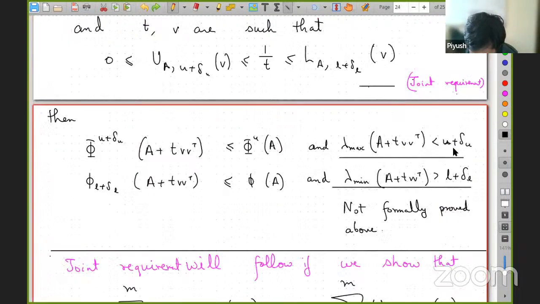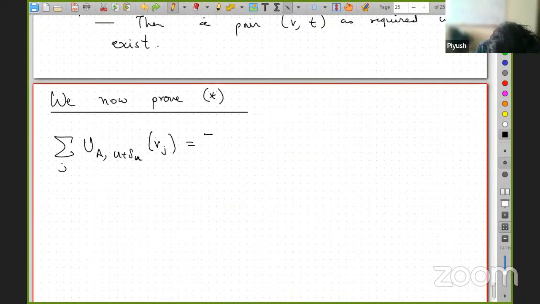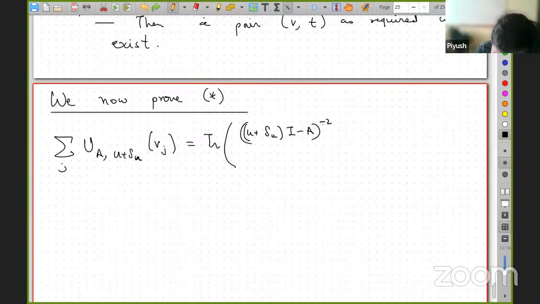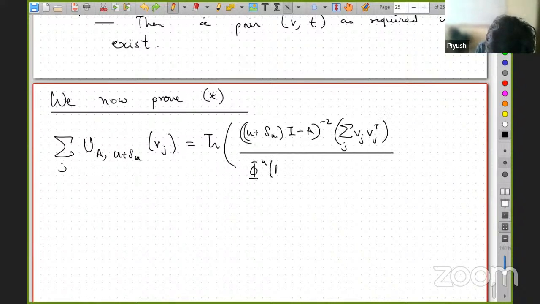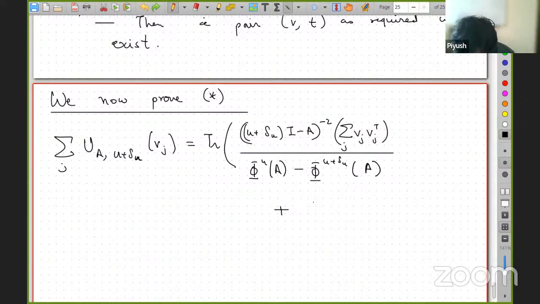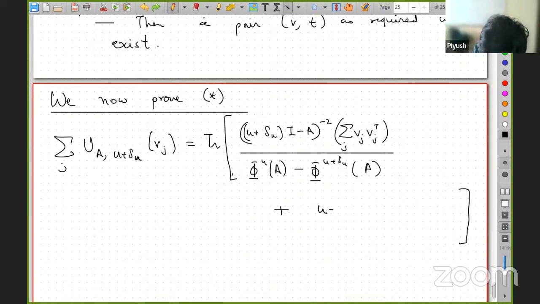So this whole thing will become the trace of U plus delta U times I minus A, to the power minus 2, times the sum over j of Vj transpose, plus, again inside the trace, U plus delta U times I minus A inverse times the summation over j of Vj transpose.